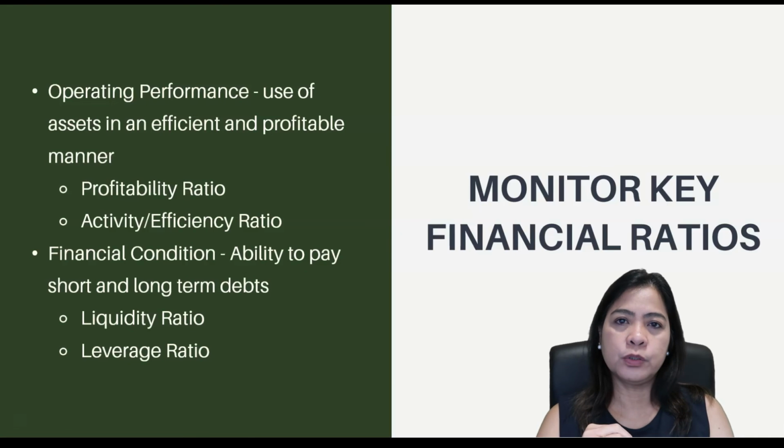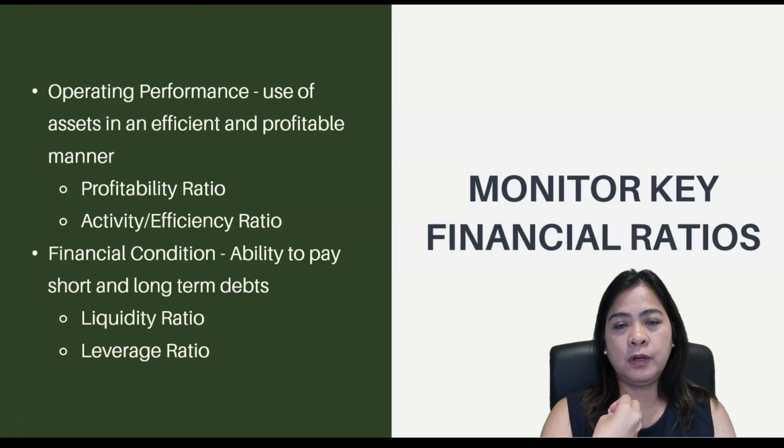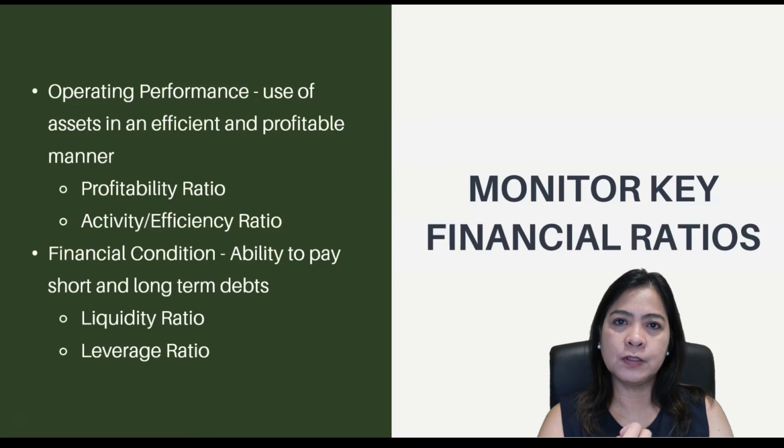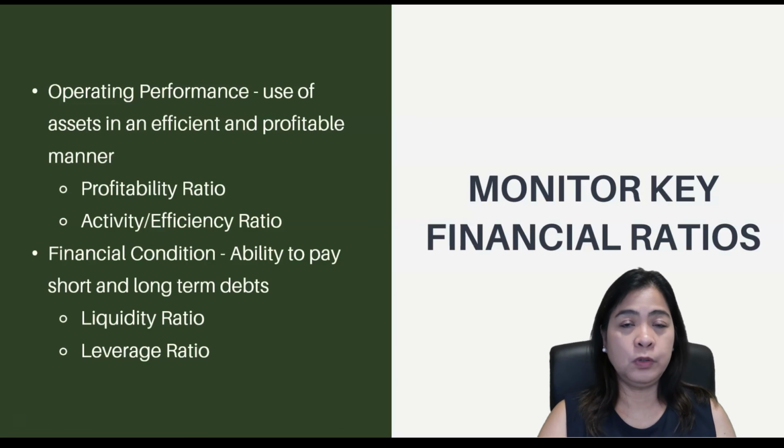And mind you, these are also the ratios that the lender calculates whenever they are reviewing the loan application of a business. So it makes sense to be familiar with this, and you're ahead of the lender.